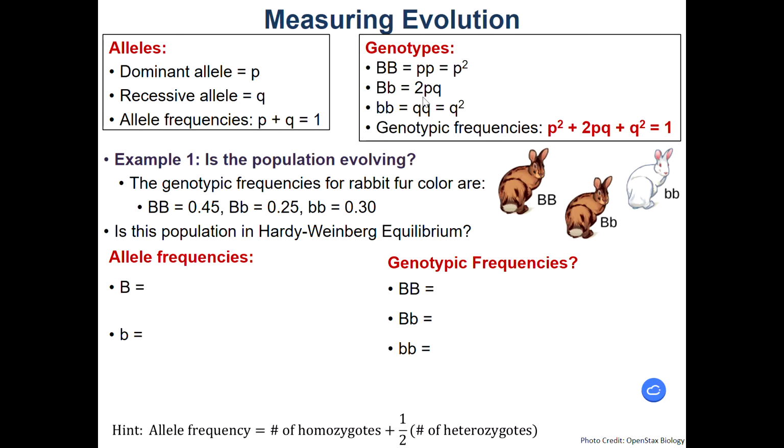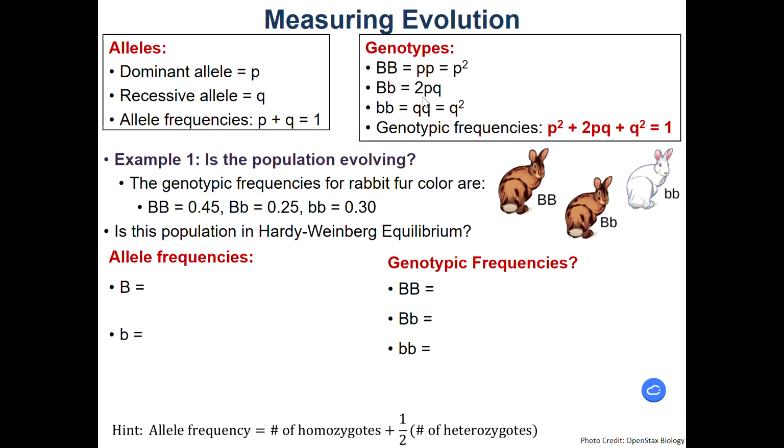All right, so we're going to look at if our population is evolving. So we're back to our brown and white bunnies. We want to know if our population is in Hardy-Weinberg equilibrium. Here are your genotypic frequencies. So our homozygous dominant is 0.45, our heterozygotes are 0.25, and our homozygous recessive are 0.3.